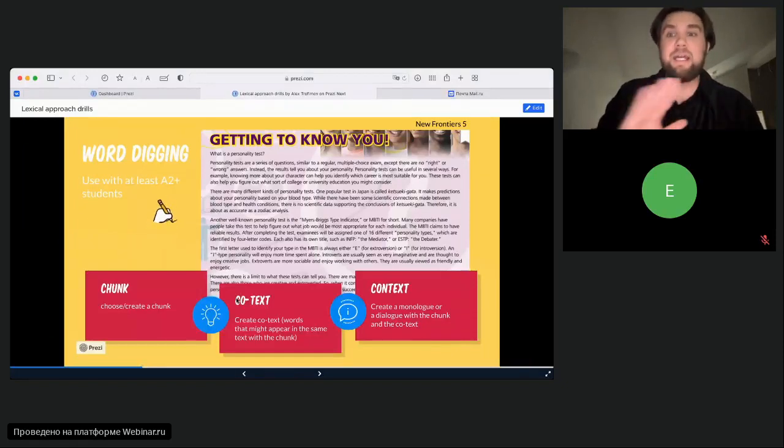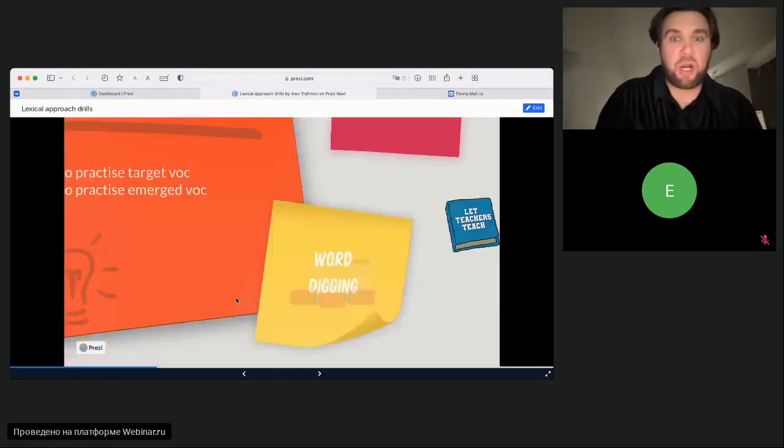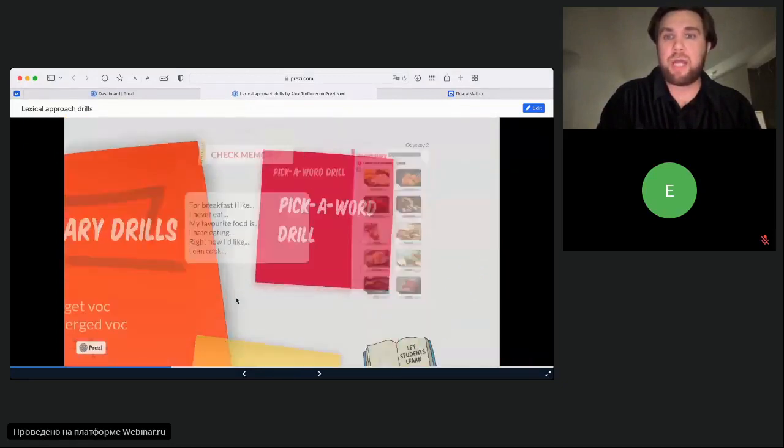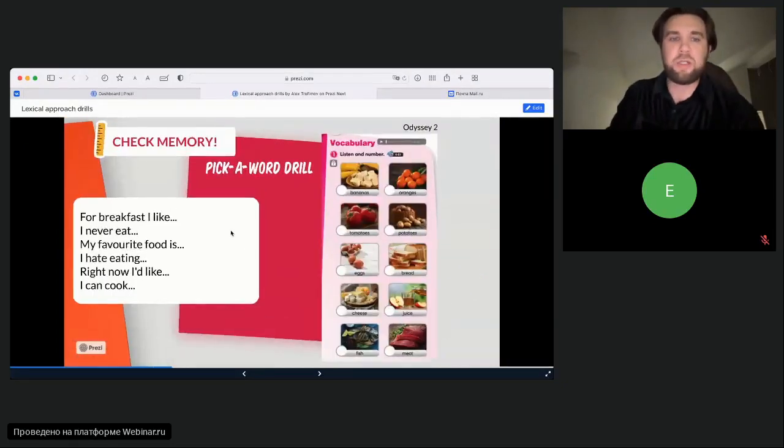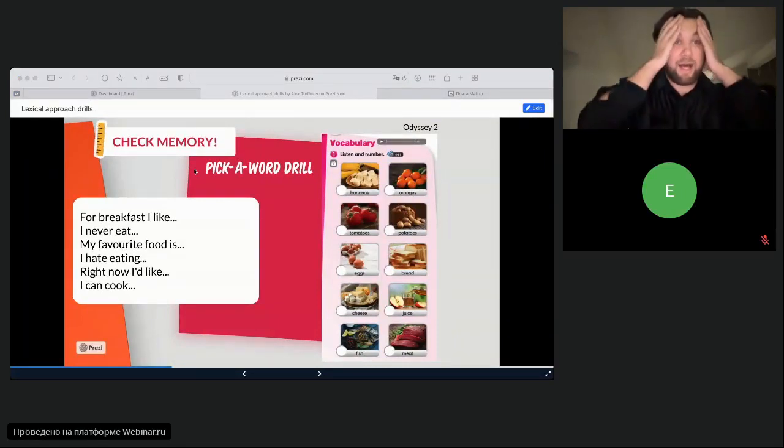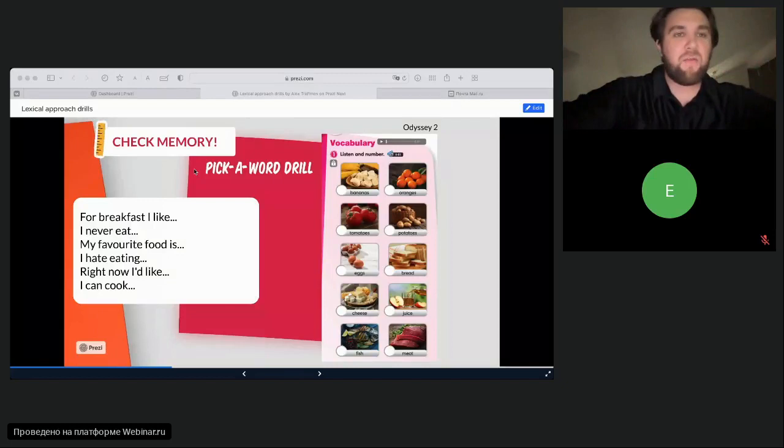So let's not keep it any longer, and let's do a drill which is called the pick a word drill, speaking about low-level students. This is a really nice drill to make lower level students finally speak something. Like in my school, I've got to be honest with you.